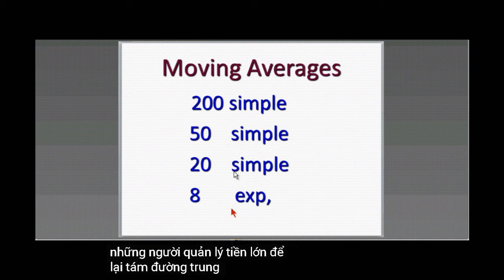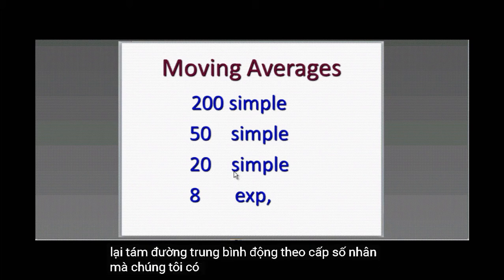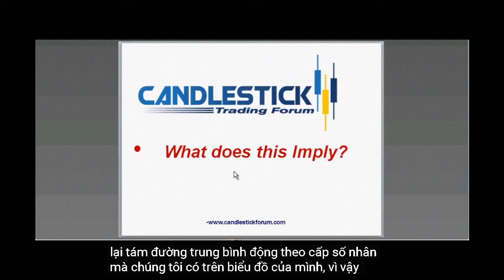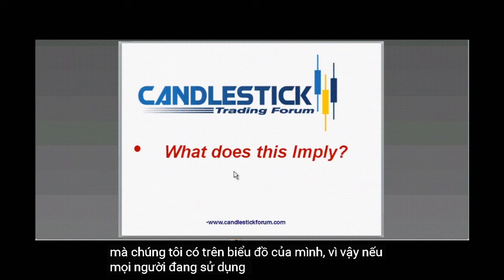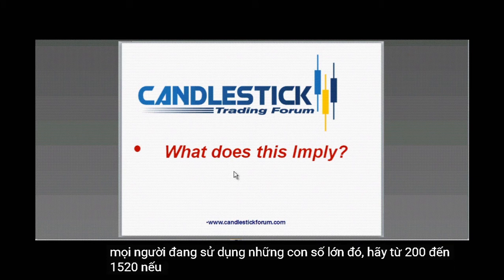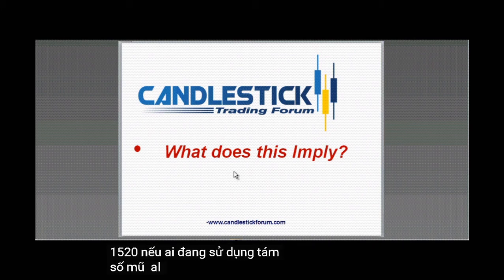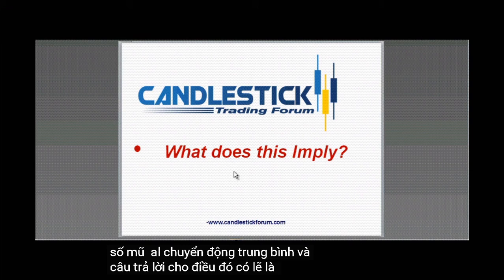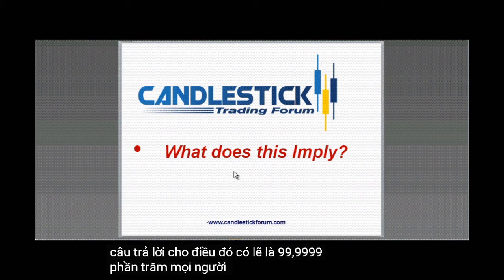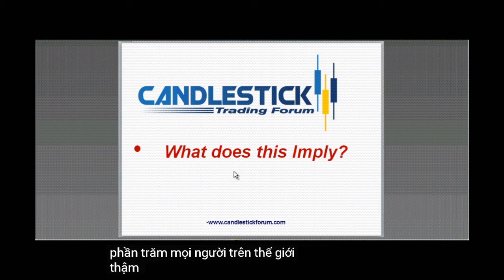That leaves the 8 exponential moving average, which we have on our charts. So if everybody's using the 200, the 50, and the 20, who is using the 8 exponential moving average? And the answer to that is probably 99.9999% of the people in the world don't even know what the T-line is.